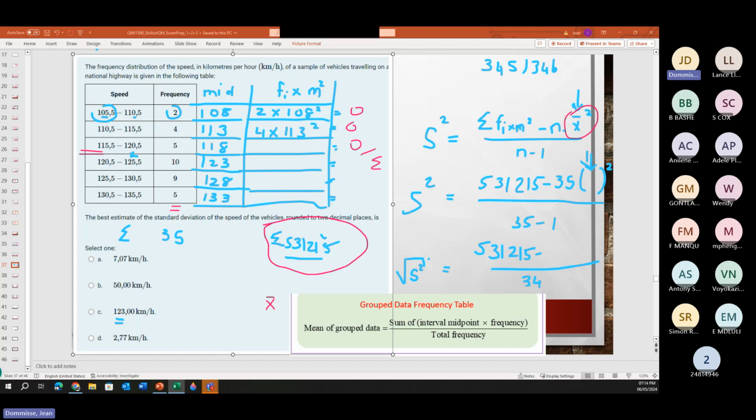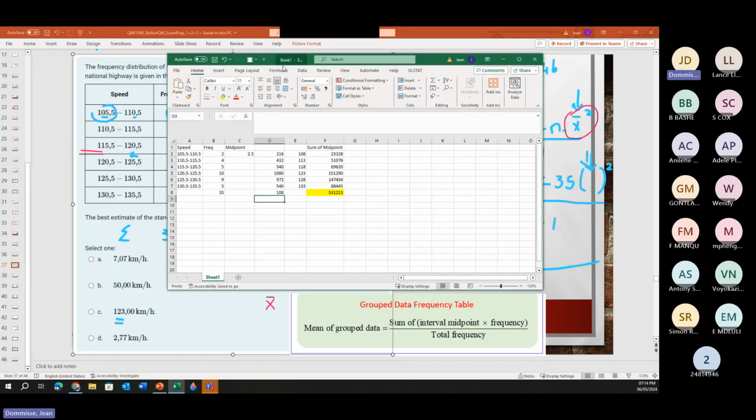So it's everything, just not the power of 2. So the sum of that divided by the total frequency. Okay, so that is why.